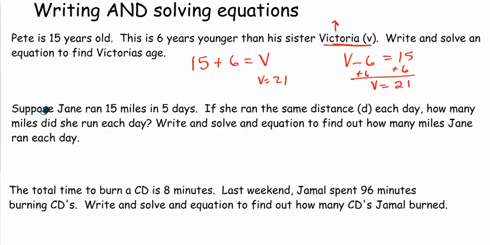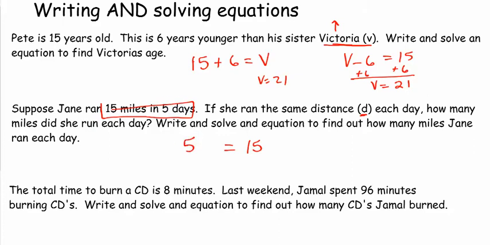All right, let's see. Suppose Jane ran 15 miles in 5 days. If she ran the same distance each day, how many miles did she run each day? So basically for 5 days, she ran a distance of something, D, we don't know. And it all came out to be 15 total miles. Since we're talking about groups, 5 days, that's talking about groups there.